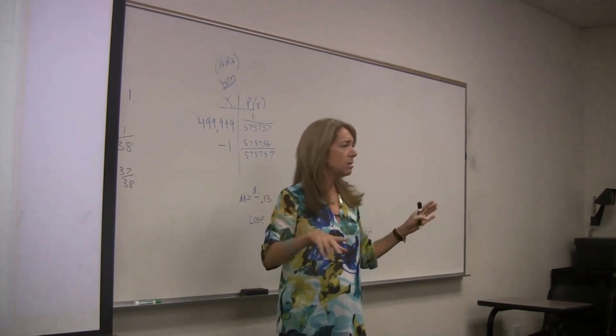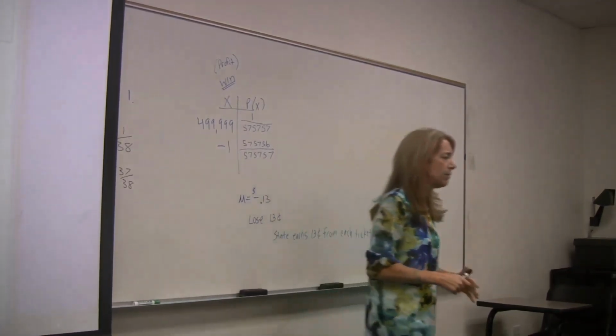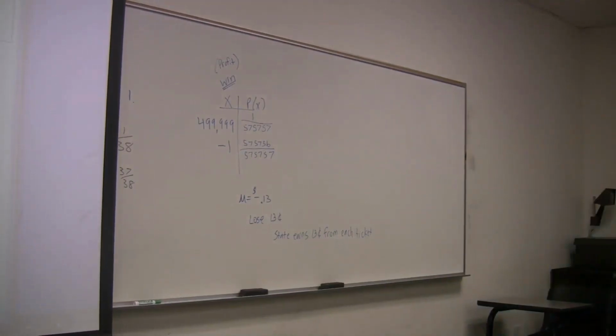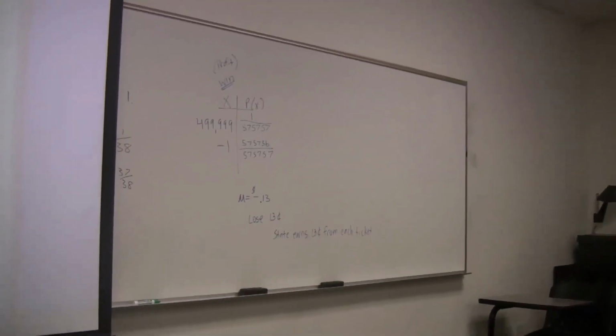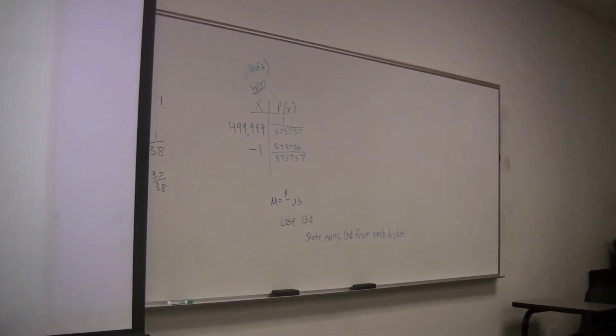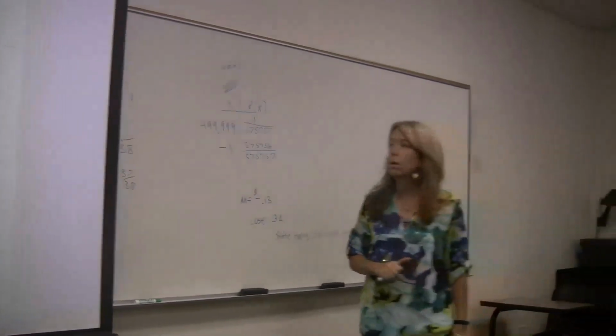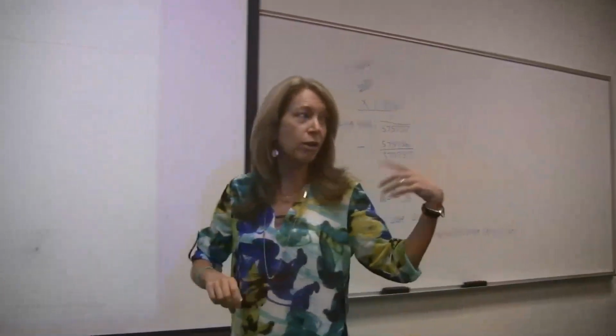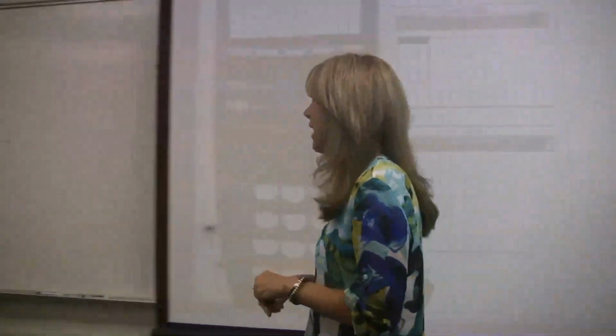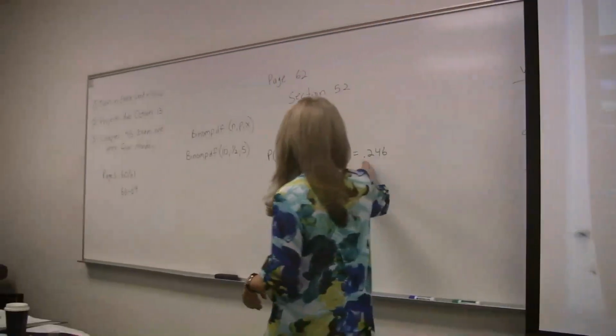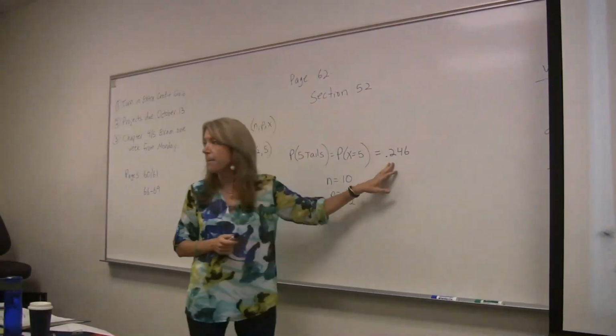Calculator questions? You guys are still finding the calculators? So for the binomial, it has to have a yes or no, or a black or a white, or a boy or a girl. So just 2 choices.